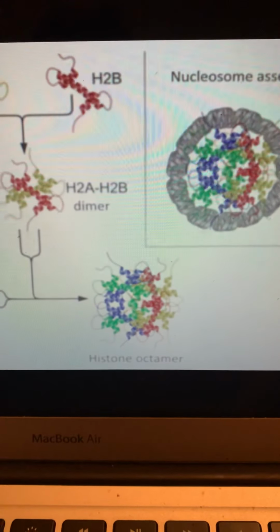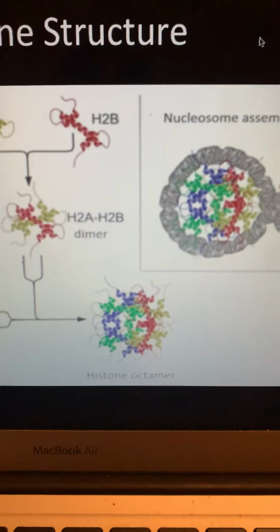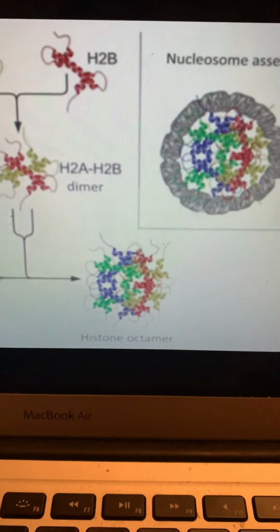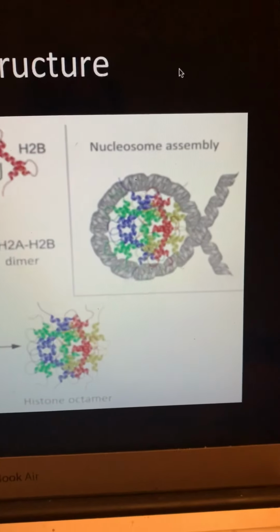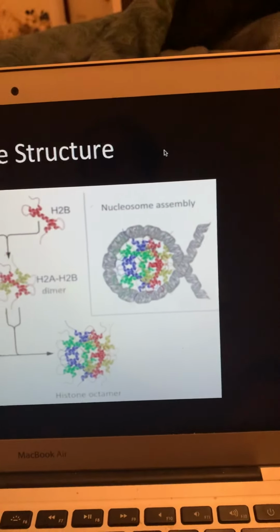Hold on, let me think. And then, once a lot of these are formed, you'll get a nucleosome, and the nucleosomes will interact.